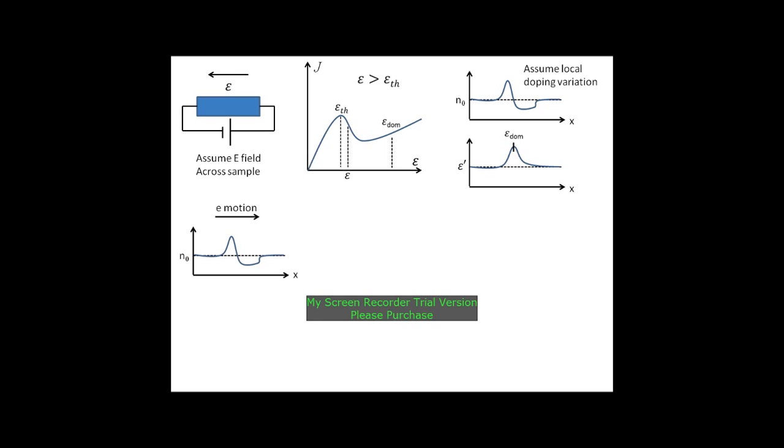So if we apply the electric field to this material, the electric field would be going towards the left, but that means the electron motion will want to be towards the right. Now, the electrons will start to move in the direction towards the right, but we know that the electrons at this boundary are very slow because they've jumped up into the secondary valley, and the electrons behind them are traveling fast because they are not in the secondary valley.